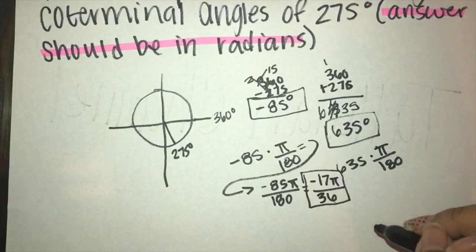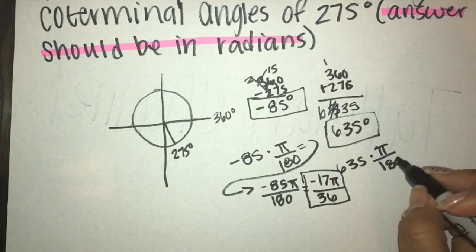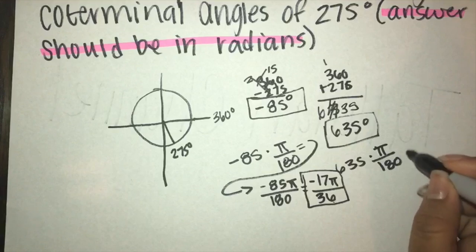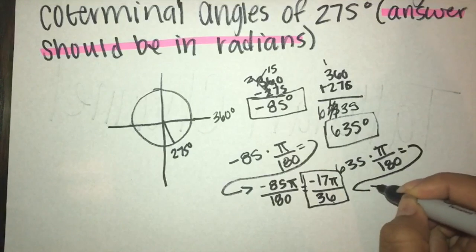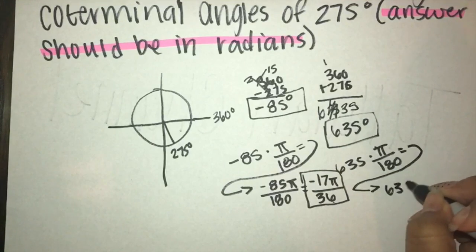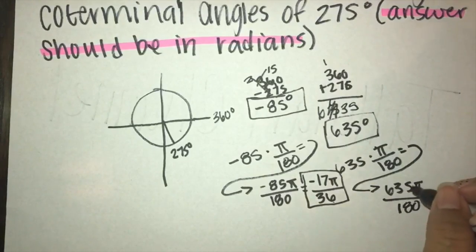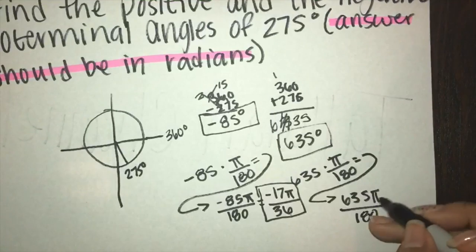And that would be the negative part of the question that they were asking for. And seeing as we have 635 times pi over 180, this would get you 635 pi over 180. So this also is both divisible by 5.